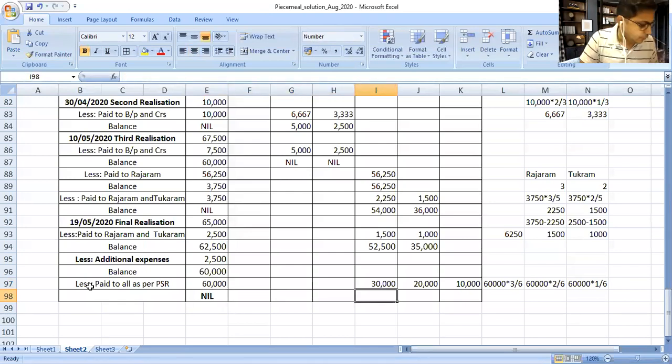Now find out the value which is unpaid to the partners. 52,500 minus 30,000. It means unpaid balance 22,500. Then 35,000.